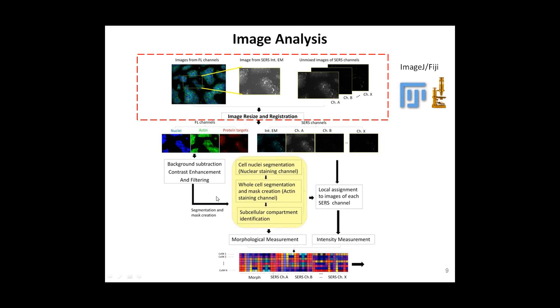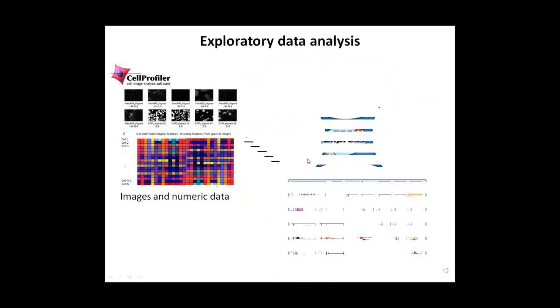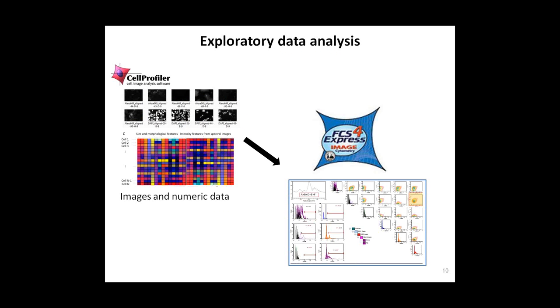These are implemented in CellProfiler, and we'll export to FCS Express Image. Combining our raw images together with the numerical data generated from CellProfiler, we can generate reports and perform exploratory data analysis in FCS Express.